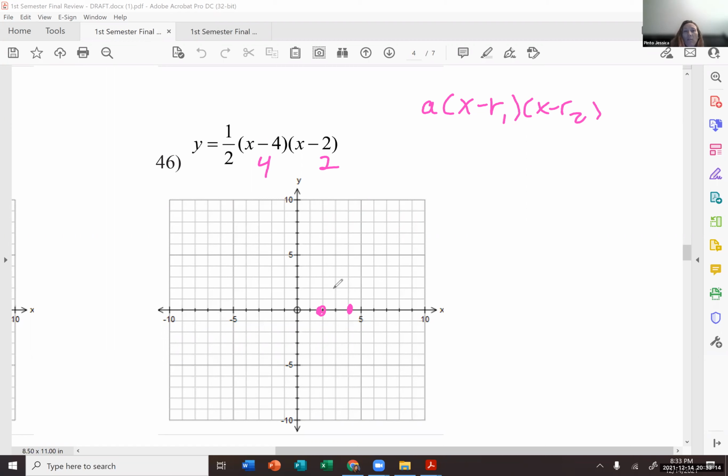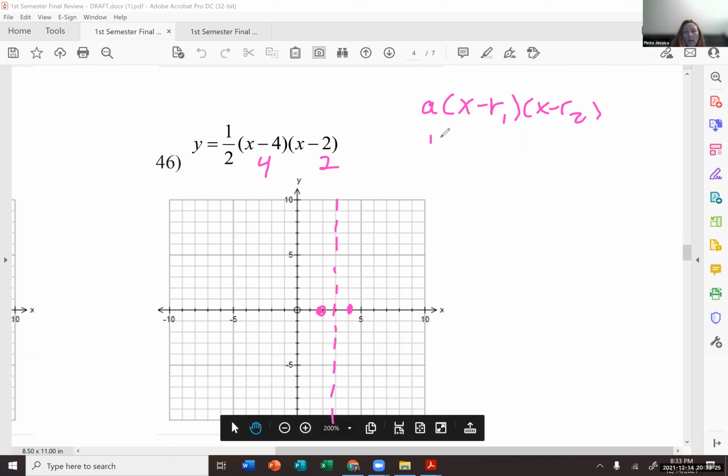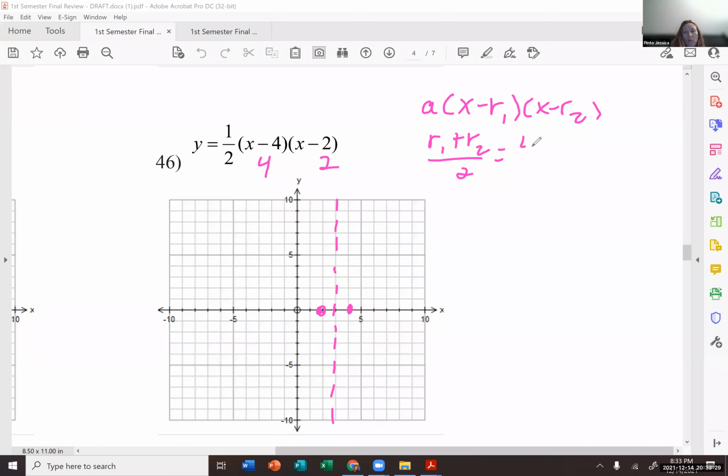If those are the intercepts, this is a parabola, so the midpoint between them is going to be the axis of symmetry. Visually, we see that the midpoint is right here. We also have that formula, (r1 + r2)/2, which would be (4 + 2)/2, which is 6/2, which is 3. Whichever way works for you.